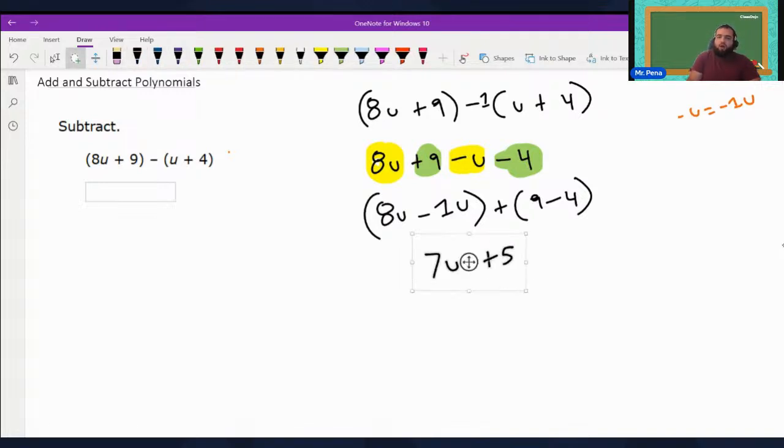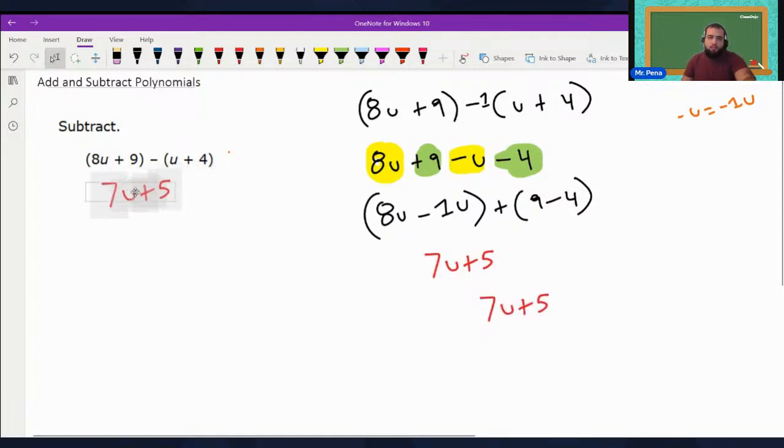And that's all we can really do. 7U plus 5. Now we're going to add another polynomial.